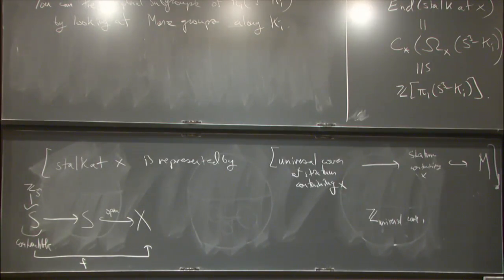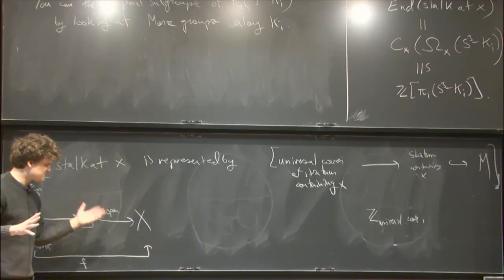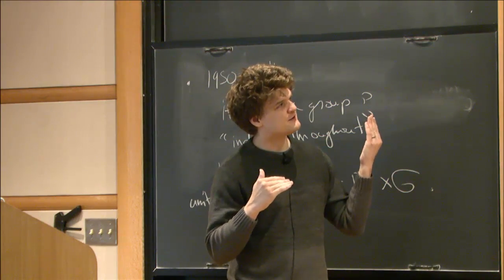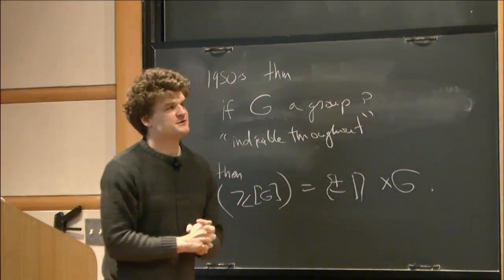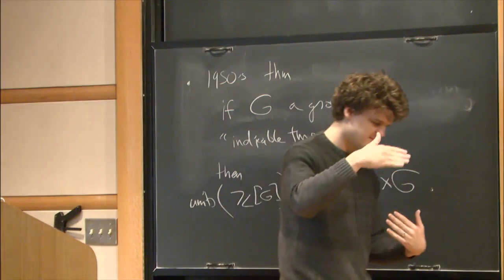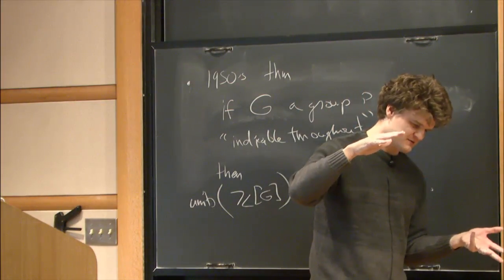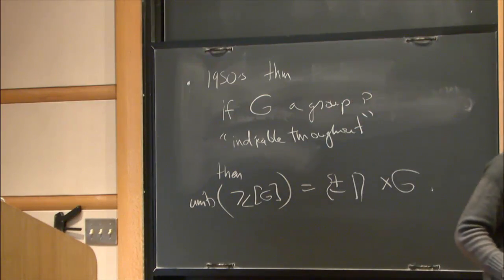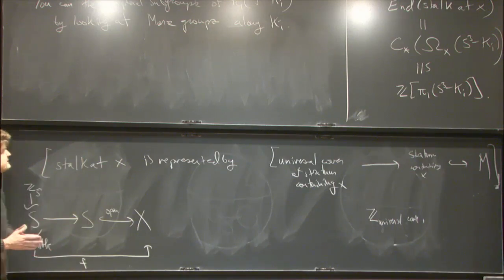So I think this proof probably makes sense to a lot of people in this room in the language of partially wrapped Fukaya categories. So I think there are two Lagrangians that generate the Fukaya category of the cotangent of S3 with a stop along the knot, or the conormal of the knot.